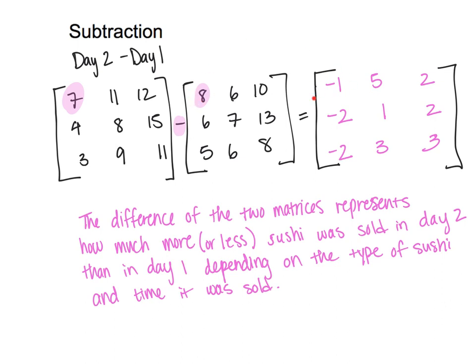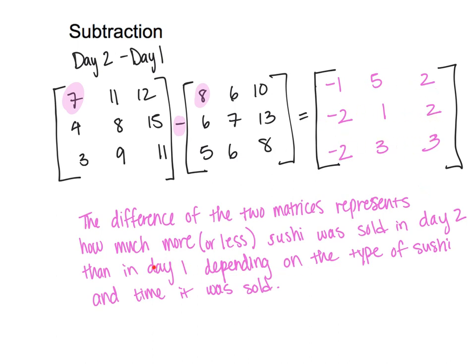So in this case, day 2 kind of lost one sale. Whereas if you looked in the afternoon, the California roll on day 2, they sold 11 California rolls, where in day 1 in the afternoon they only sold 6. So that's 5 more in day 2 than in day 1. So these numbers here are showing the difference in each category.